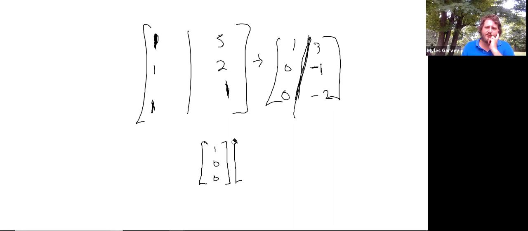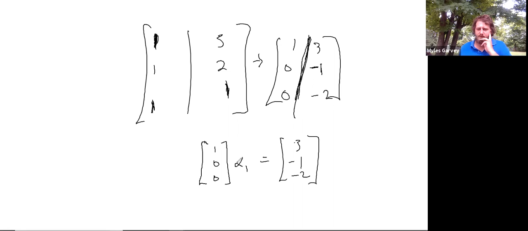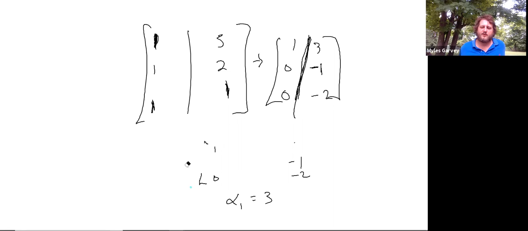That was alpha 1. What does this say? Multiplying the alpha 1, I get alpha 1 is equal to 3. Okay, but we can very clearly see, is it alpha 1, alpha 2, alpha 3? Here I have, well, here's the point, okay?